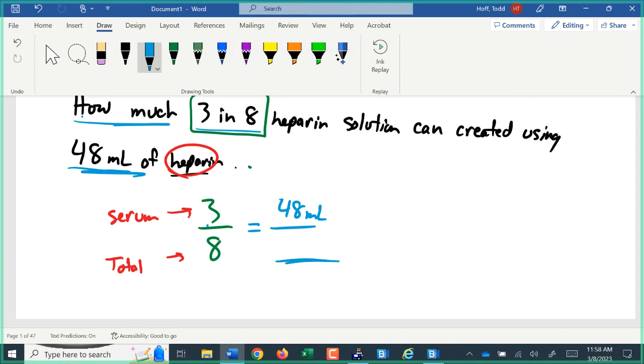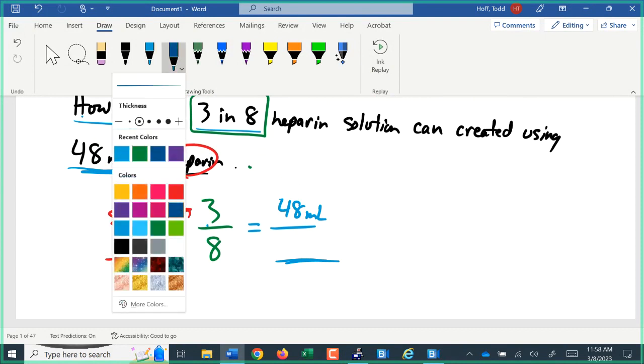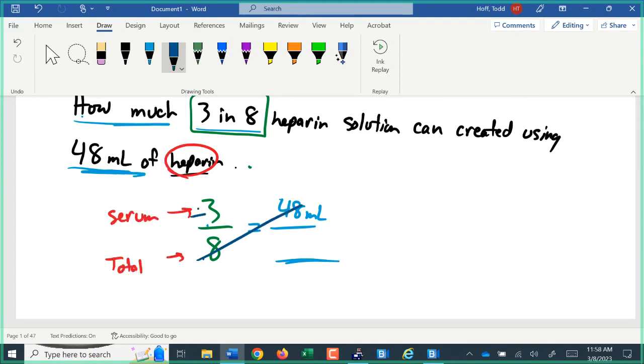So what we're looking for is the total, the bottom number. We cross multiply and divide. 8 times 48 divided by 3 is 128 milliliters. So we can create 128 milliliters of that 3 in 8 dilution of a heparin solution using the 48 milliliters of heparin.